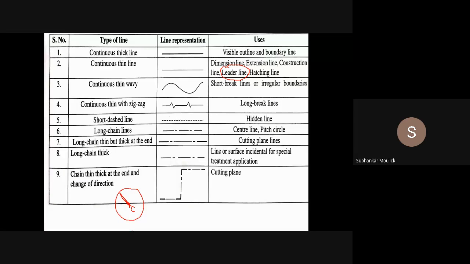Yes or no? Yes, sir. Fine. Then at the end point, draw an arrowhead. I have just shown you what an arrowhead is.